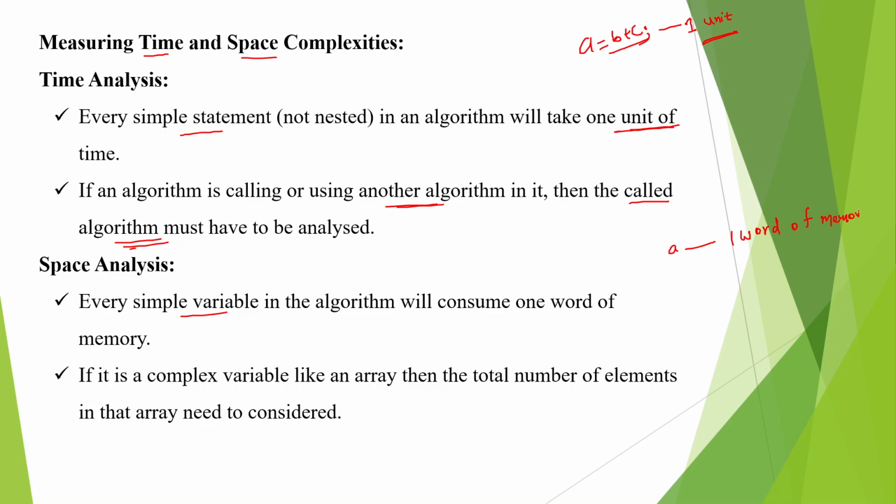Every simple variable in your algorithm will consume 1 word of memory. If you have a complex variable, like an array or a structure, obviously it will consume more.